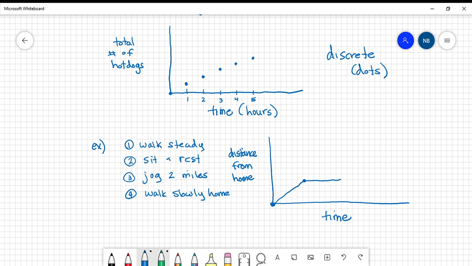Notice time is passing because we're moving to the right, but distance from home, this y value, is staying flat. After you're done resting for a certain period of time, you jog 2 miles. When you compare walking to jogging, obviously jogging helps you cover more ground at a faster rate. So now you're jogging, and we're going to make this line steeper.